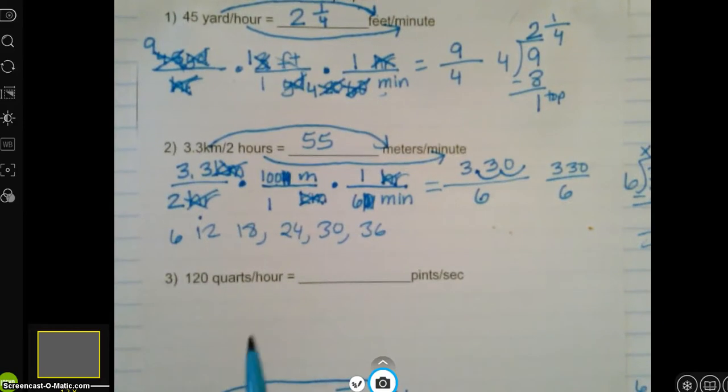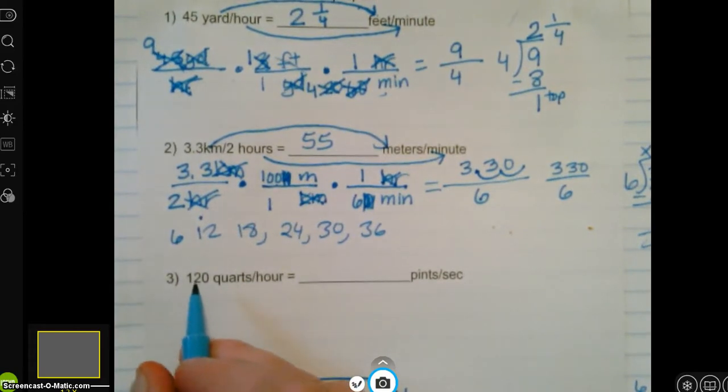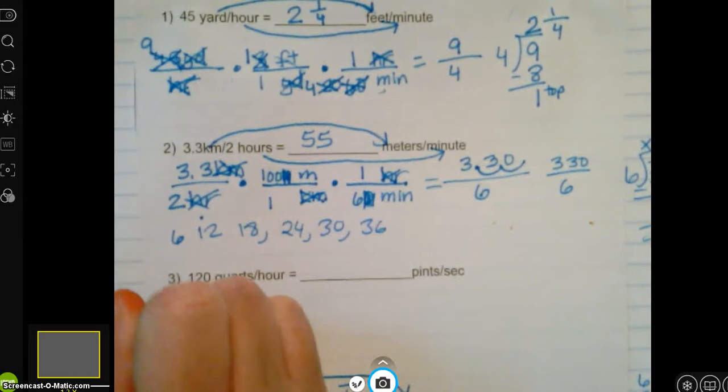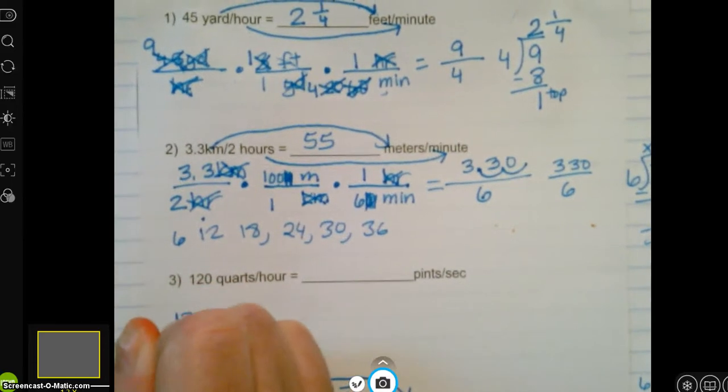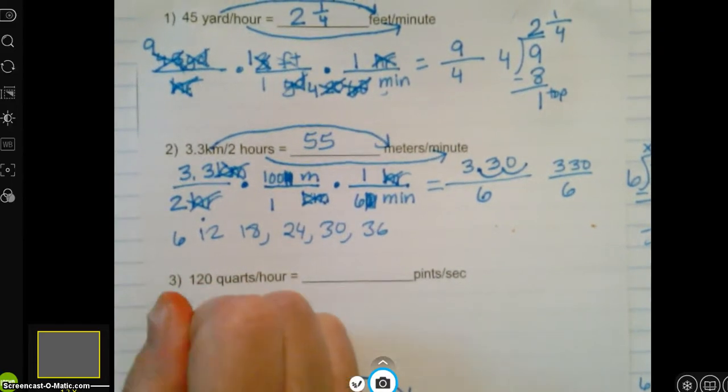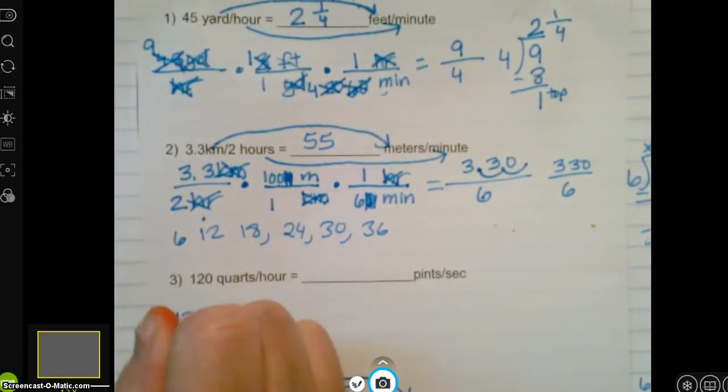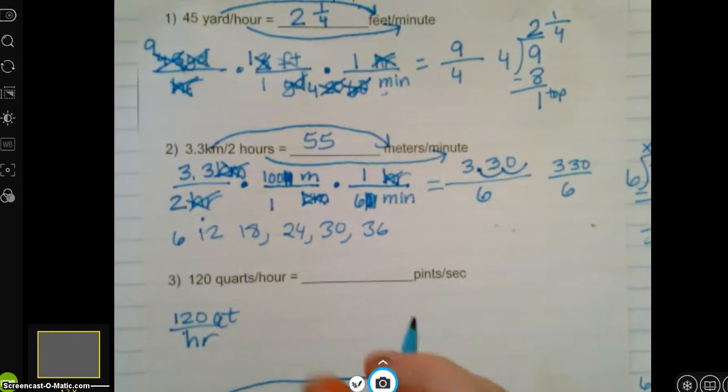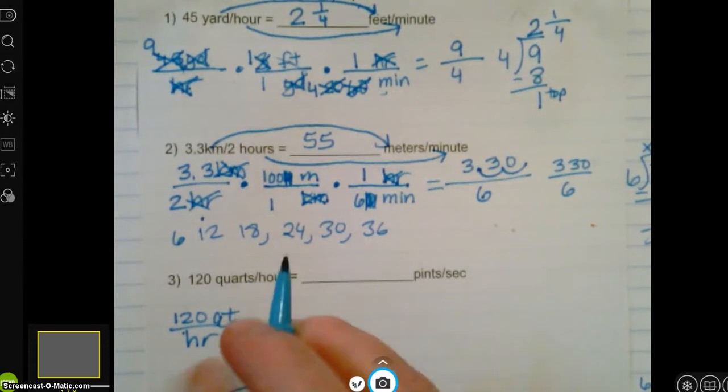So let's start with what we're given, 120 quarts per hour. Please make sure you write those units. That's the critical piece of this, okay? Now this one I can already tell I'm going to have a little bit of a problem with, so we're going to talk about that.